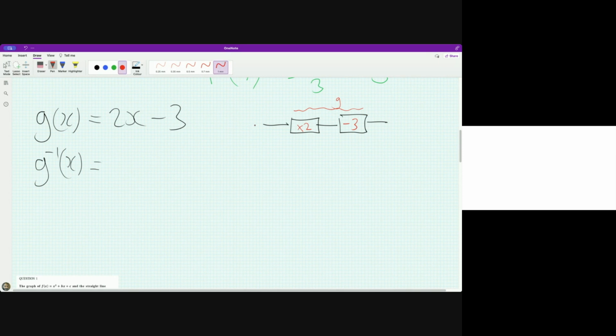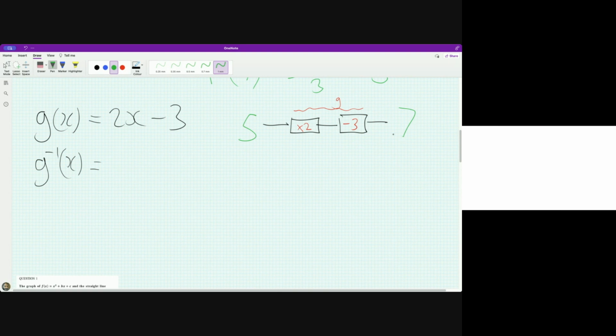Okay, so if we look at it here, didn't you tell me last time that we have to just undo, send it backwards? So if I'm going from here to here, this is 5. 5 times 2 is 10. 10 minus 3 is 7.